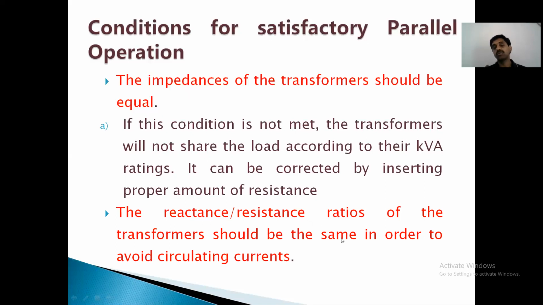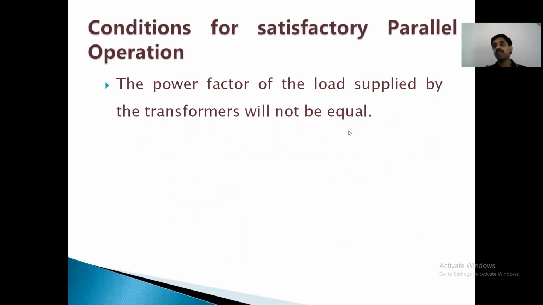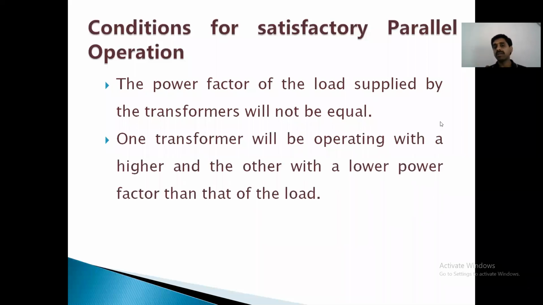If X by R ratio, meaning power factor, is not same, then it leads to circulating currents. Power factor of the load supplied by the transformers will not be equal. One transformer will be operating with a higher power factor, another with a lower power factor than that of the load. They will supply different loads in terms of power factor.